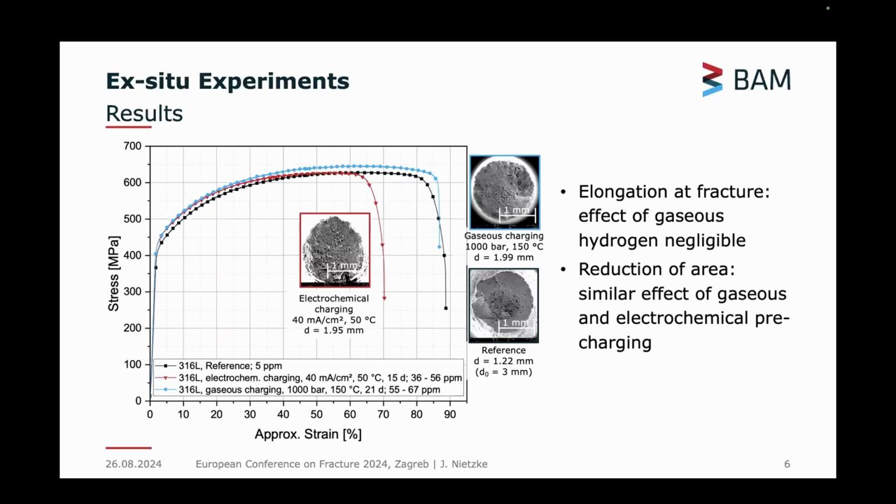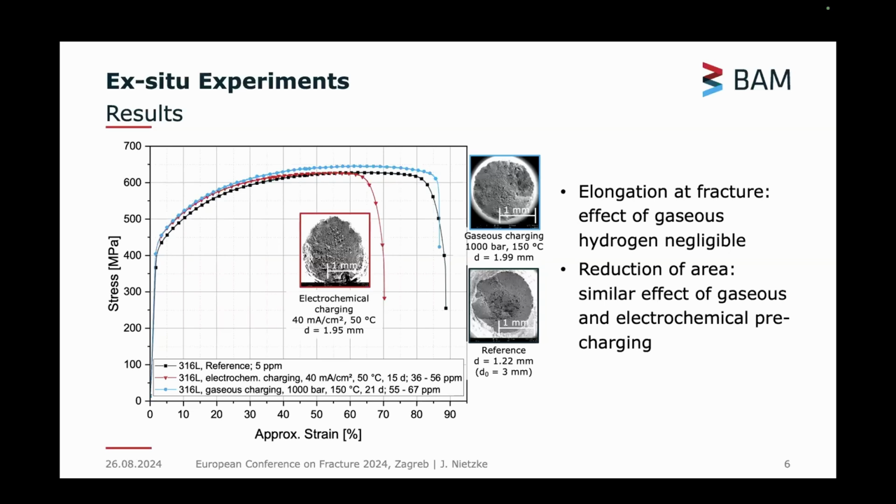Okay, but if we look into the fracture surface, we see that the reduction of area, which was mentioned before, is very different. So you see here always the diameter of the specimen. The reduction of area is much higher in the reference than in the electrochemically precharged, which makes sense.